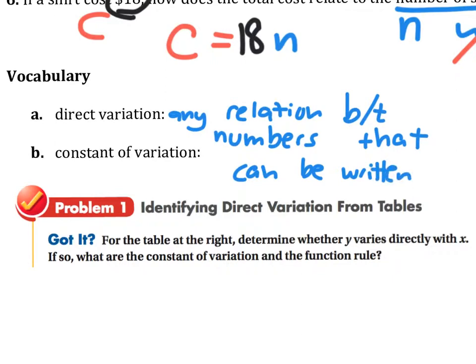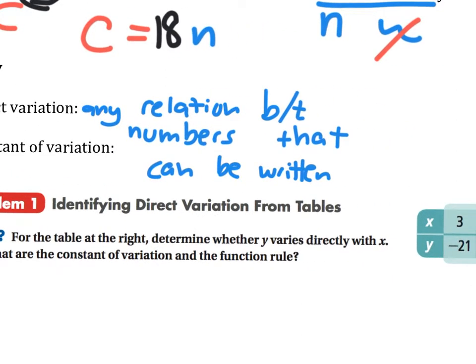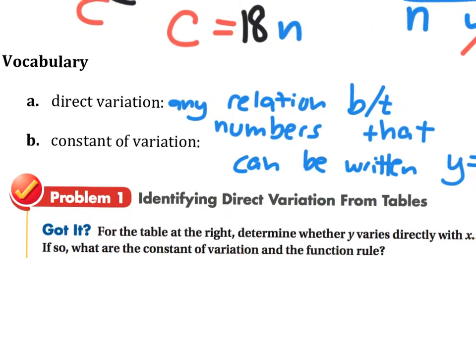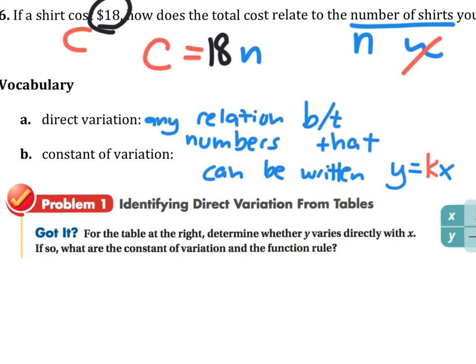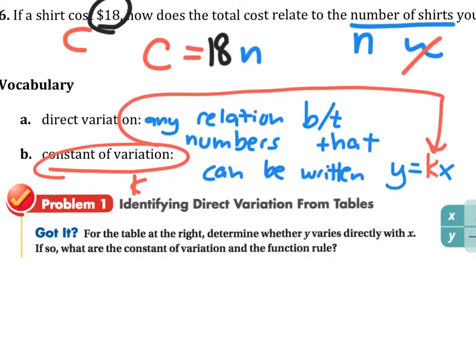And what form is that? Well, if it can be written as y equals k times x. Here, let's clarify. My constant of variation is k. So that is my constant of variation.